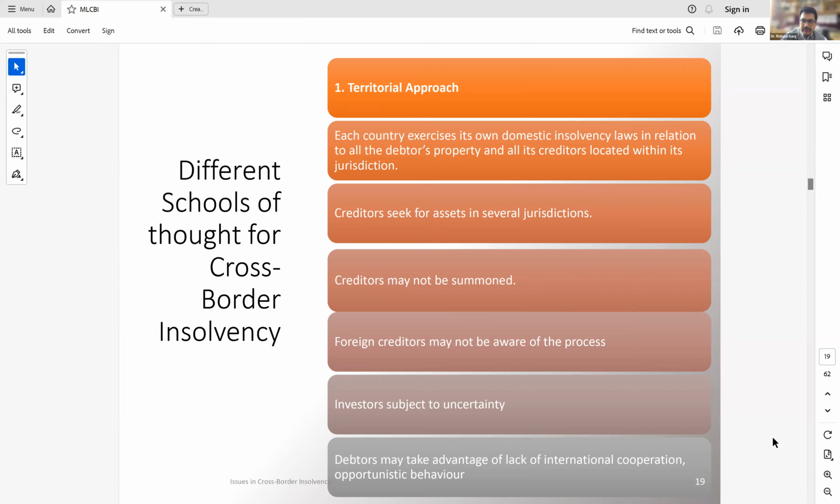And the foreign creditors may not be aware, and the foreign creditors may not be entertained as well. So there are disadvantages. And in case a country would want to choose such a system, certainly this will be a great disincentive to the foreign investors.